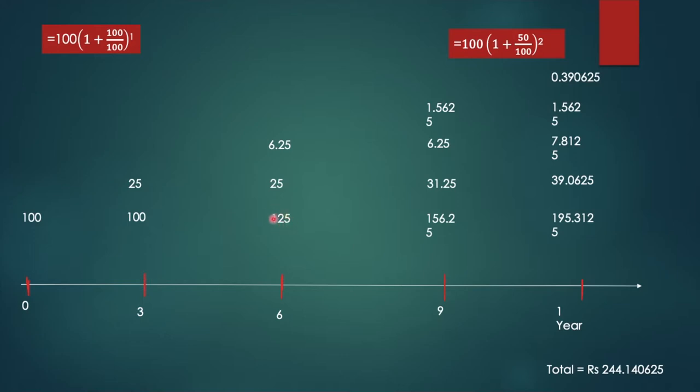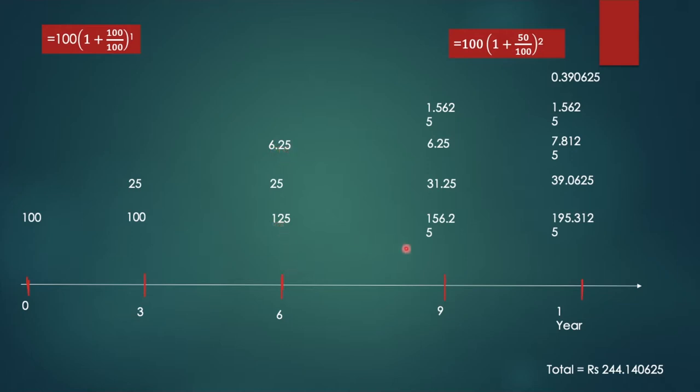In the next 3 months you will get again 25% of this 125, that is 6.25 and 25. This 25 comes from 100 and this 6.25 comes from this 25. 25% of 25 is 6.25.